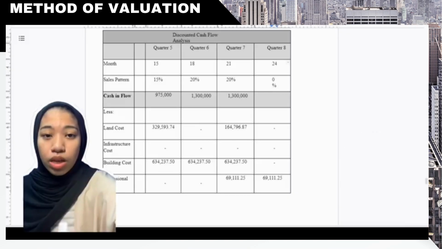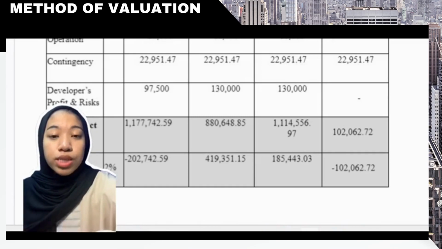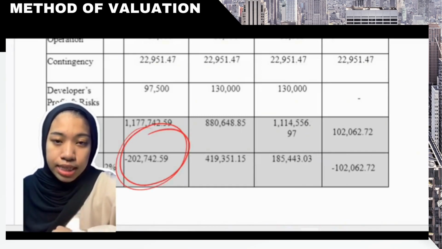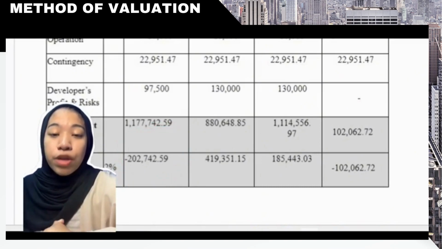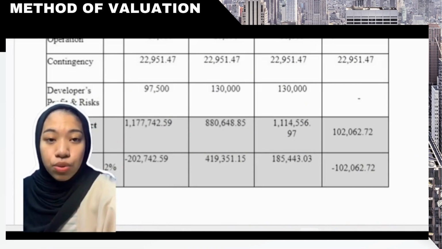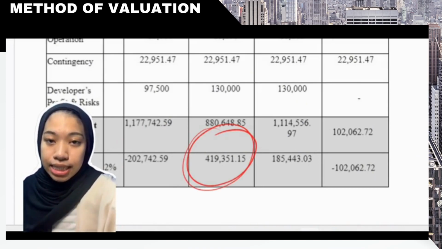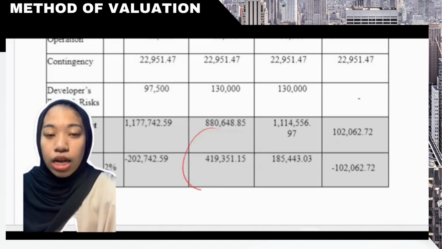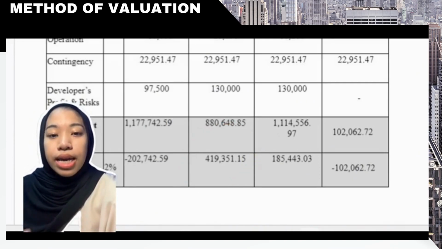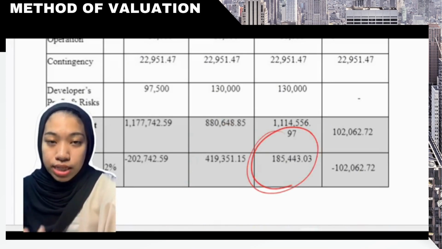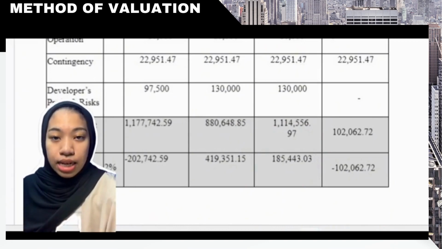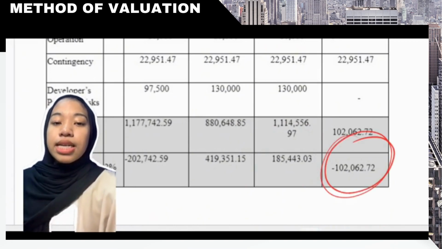Now for year 2, for quarter 5, we get around negative 202,742.59 in total. For quarter 6, we got 419,531.50, and quarter 7, we got around 185,443.3. And lastly, for quarter 8, we got negative 102,672.